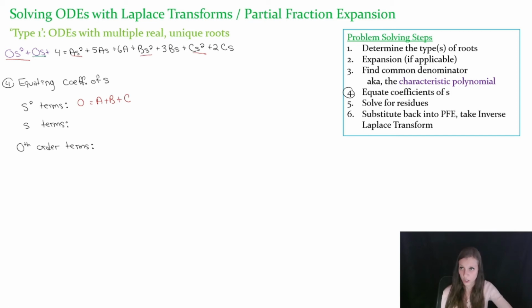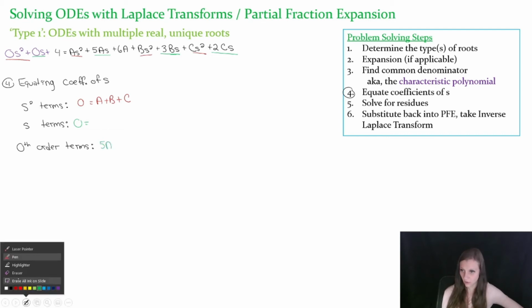For my s terms, on my left-hand side, I have 0. And on the right-hand side, I have 5AS, 3BS, and 2CS.